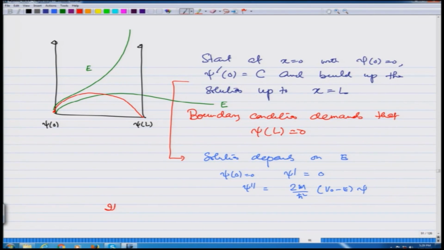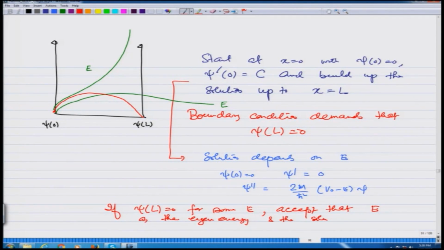So, if psi(L) is equal to 0 for some E, we call that E the eigenenergy and the solution psi the eigenfunction. And then you can keep increasing E and find more and more states.